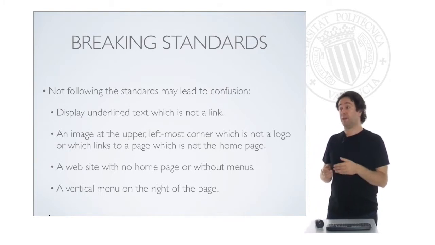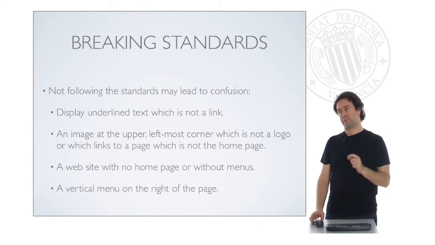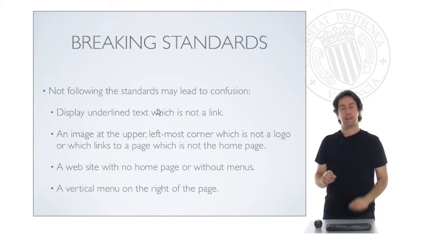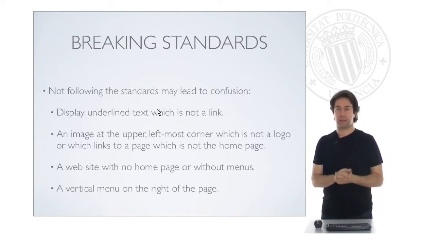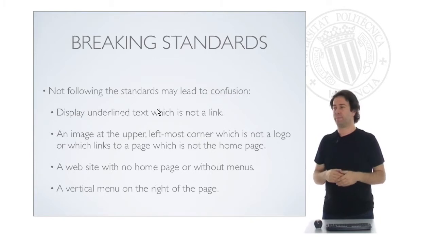You can probably think of examples. It's very probable that the user will try to go there with the cursor and click to see if it's a link or not. Because the user sees that, and the good shape, the standard, says that it should be a link.